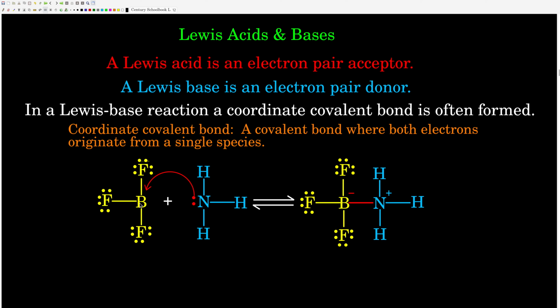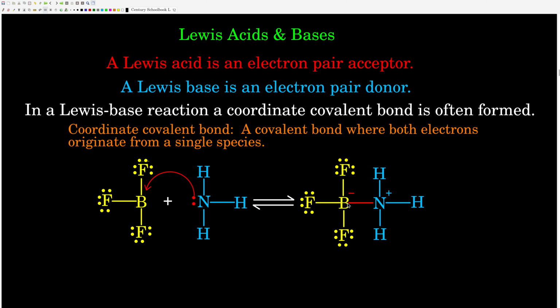No protons, no water, nothing, right? And the ammonia donating a pair of electrons is a Lewis base, right? And when a Lewis acid-base reaction happens, a lot of times we form what's called a coordinate covalent bond. So these electrons here formed a single covalent bond between the nitrogen and the boron.